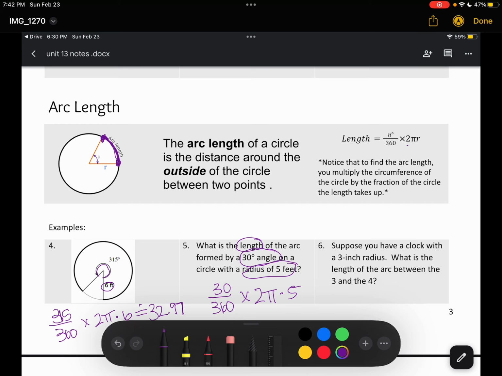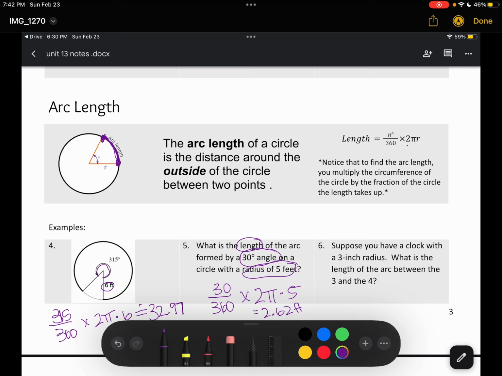So we take that and type that into our calculator. And I got 2.62. So it's just over 2.5 feet to go 30 degrees around a circle that has a radius of 5 feet.